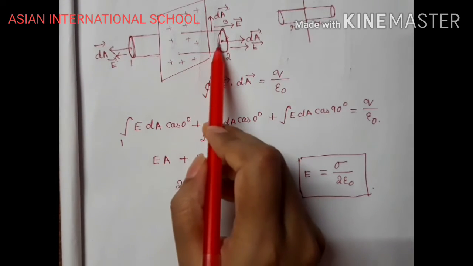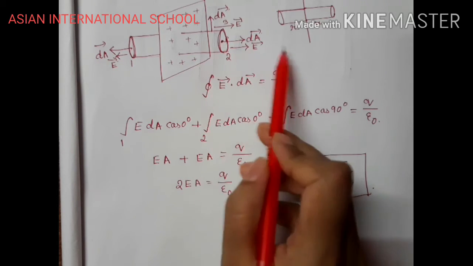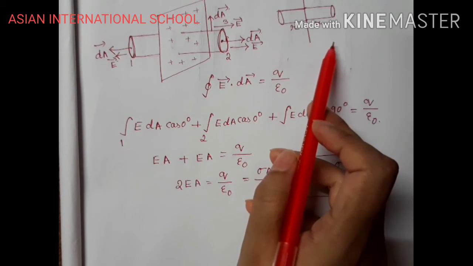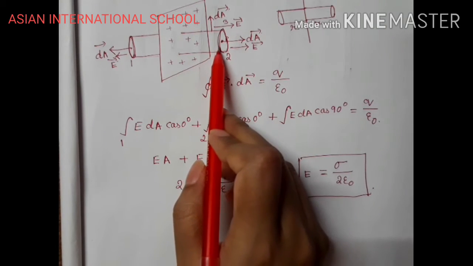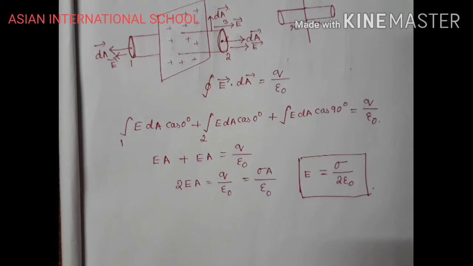Whether you take your point P r distance away, 2r away, 3r away, or very near at r by 2, it is not depending on this factor. We studied Coulomb's law, where the force depends on the distance, but here something happens which is quite shocking for us. The electric field is not depending.